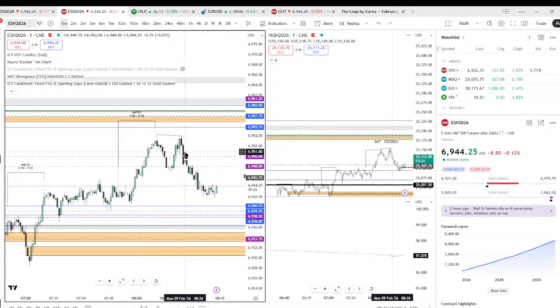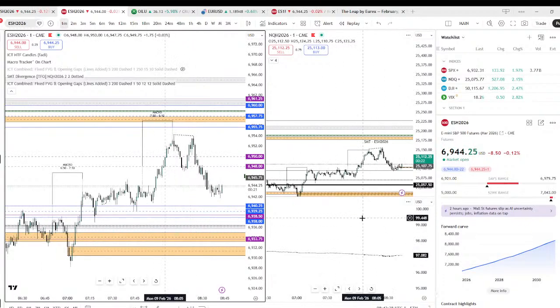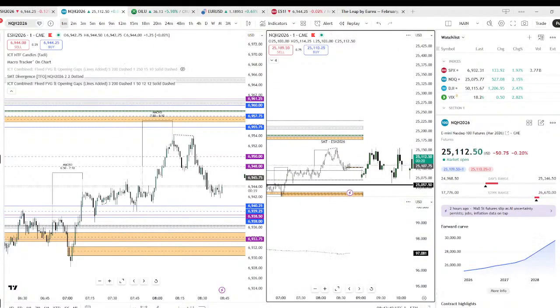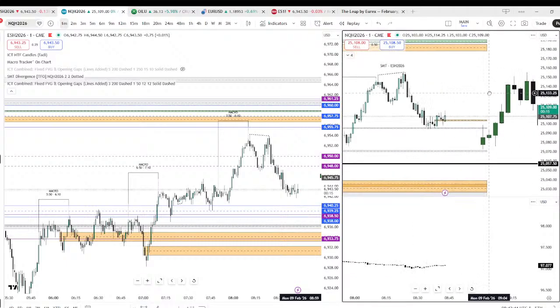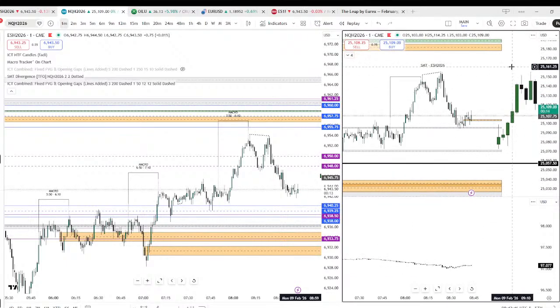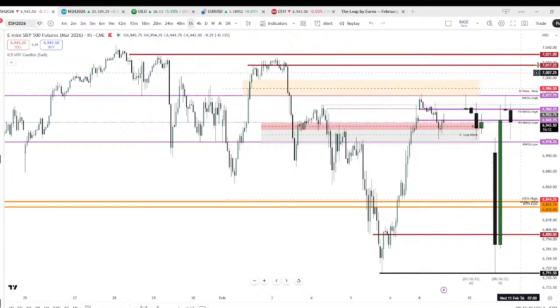8:30. What happened? Not much in the ES. Yeah, not a ton going on here.